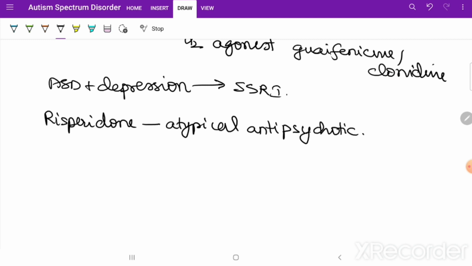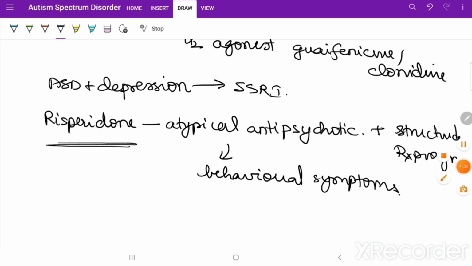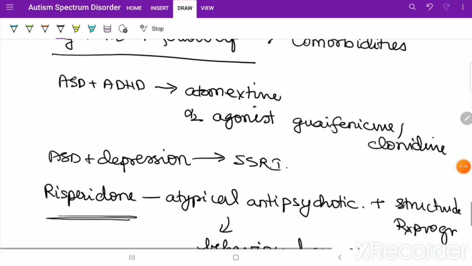Low doses of this antipsychotic, in conjunction with a highly structured program, may help control the behavioral symptoms, even reduce the excessive activity levels, and enhance the effect of behavioral therapy which you are giving to the child. So this is one point about risperidone, an atypical antipsychotic used in conjunction with a highly structured treatment program.